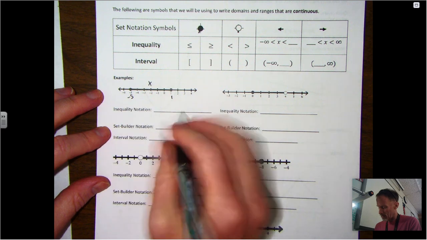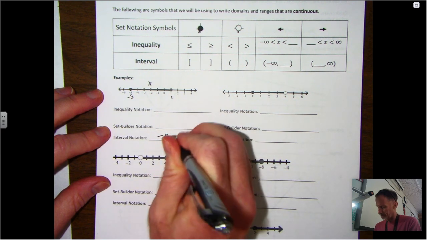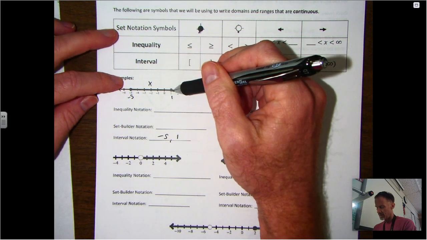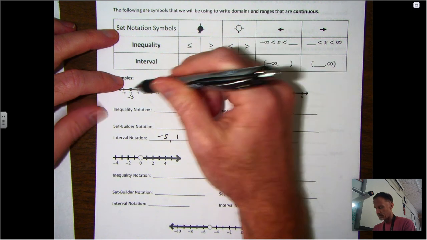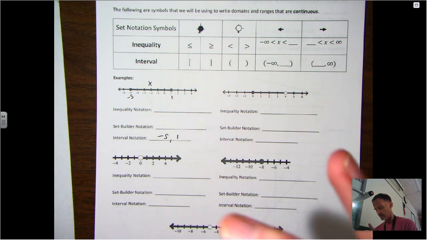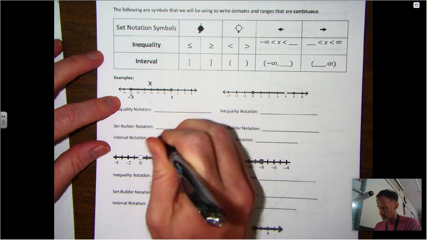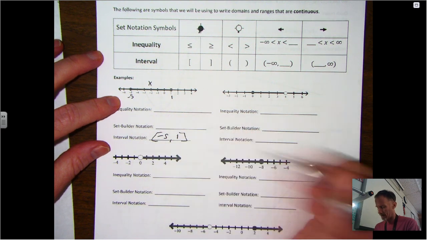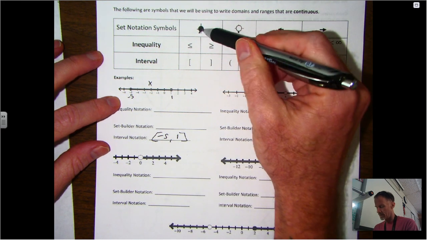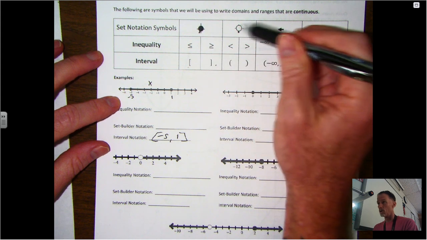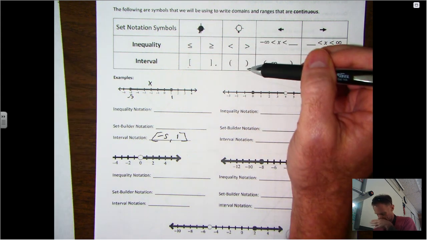So the bread is your -5 and your 1. And in this case, x can be anywhere in between those things. So my outer thing, since they're both filled in circles, is going to be a bracket on both of them. Remember, if it's filled in, you'll use brackets. If it's open, you can use the parentheses.